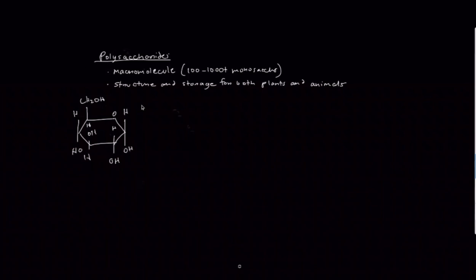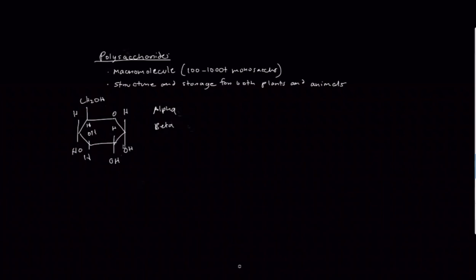But one thing to remember is glucose monomers come in two types of variation. We have alpha and beta. There are two types of glucose structure: an alpha structure and a beta structure.